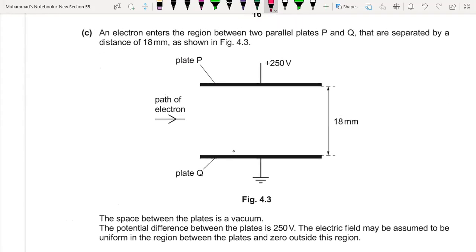An electron enters the region between the parallel plates. These are two parallel plates. The potential difference between these two plates is 250 volts, as one plate is grounded and the other plate is applied with positive 250 volt. They are separated by 18 millimeter, and the electron enters from here.